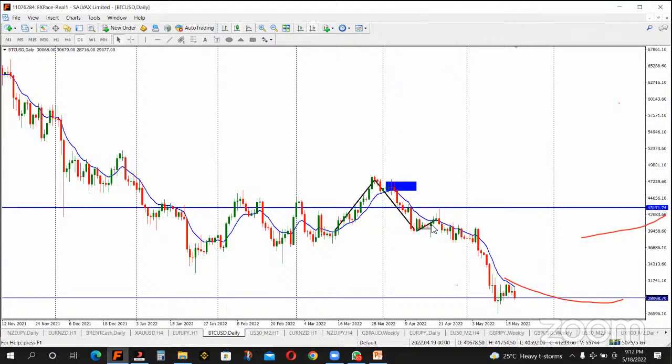A swing trader has nothing to do with the monthly time frame, unless you just want to go and get some information.